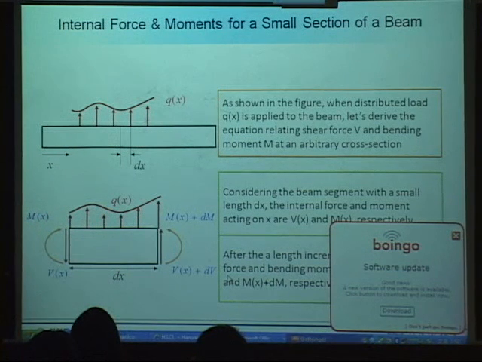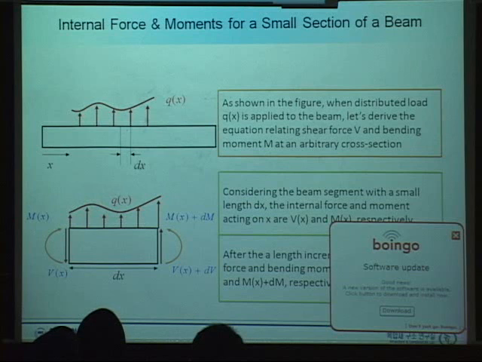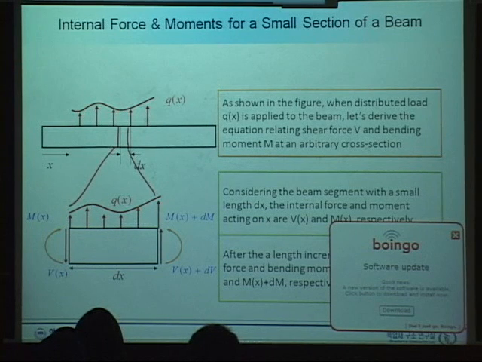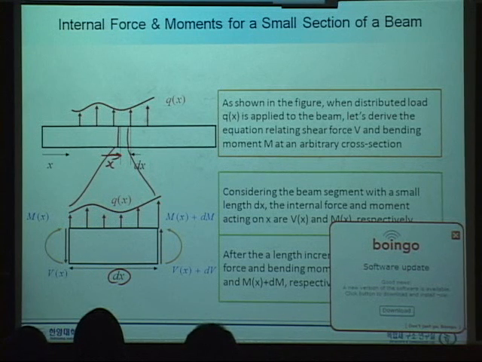And we are looking at this dx. This is the dx, and this is the position x. So this is at x, and this is at x plus dx.